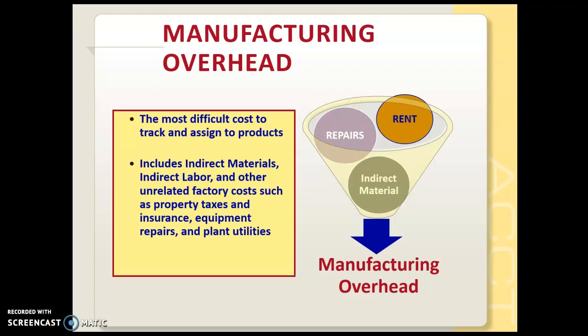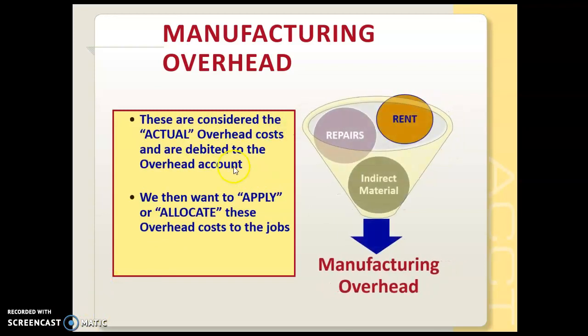Anything to do with the factory building and the factory equipment are costs that are going to go into overhead, along with the indirect materials and the indirect labor. Okay? These are what we call the actual overhead costs that are all going into overhead. In other words, we're going to be debiting overhead for all of those things.